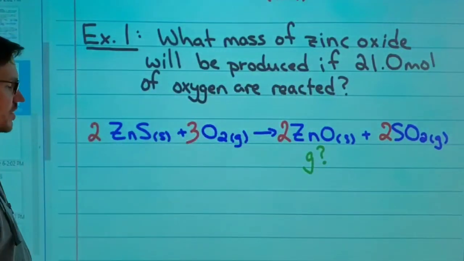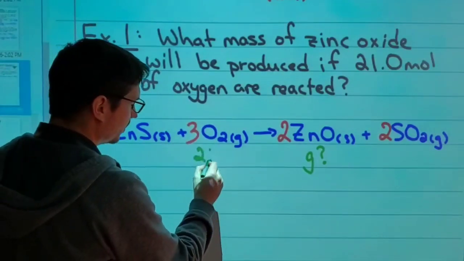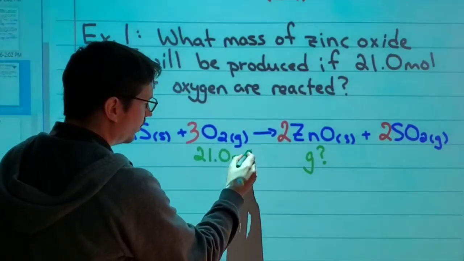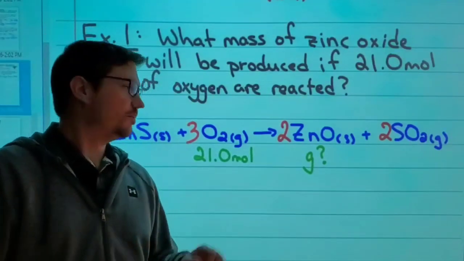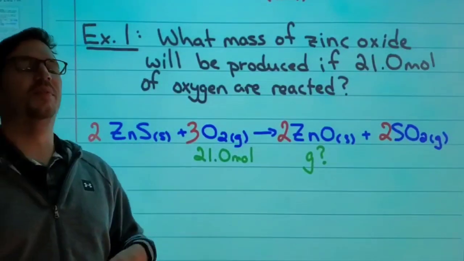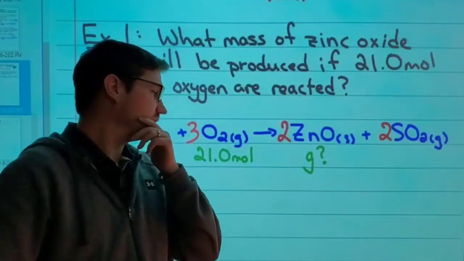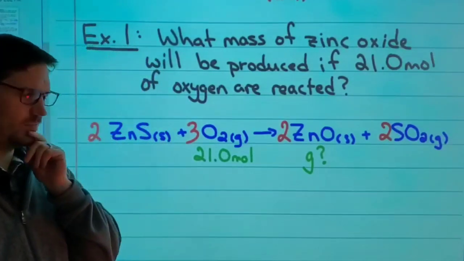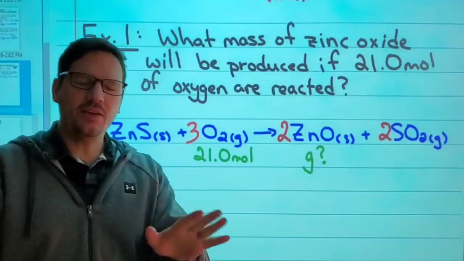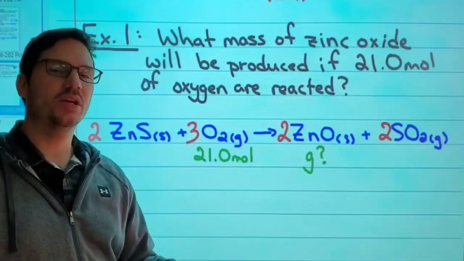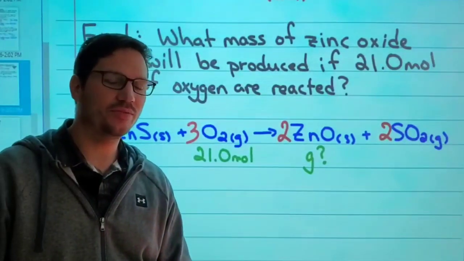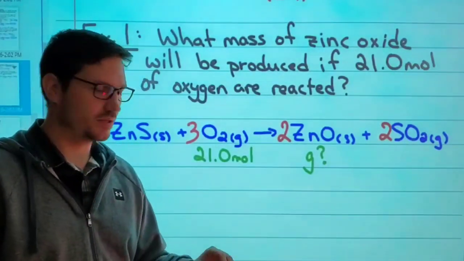Okay, no problem. What other piece of information? 21 moles of oxygen. So I'm going to look under oxygen, and I'm going to go 21.0 moles. Now this is really important. Make sure you write that down, but then bring your attention up at the front to me. If you're being given the moles of a substance, you don't need any extra information about that substance.